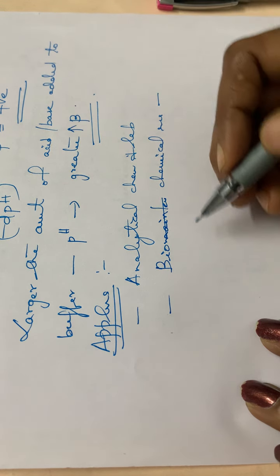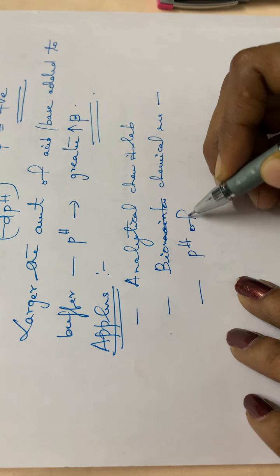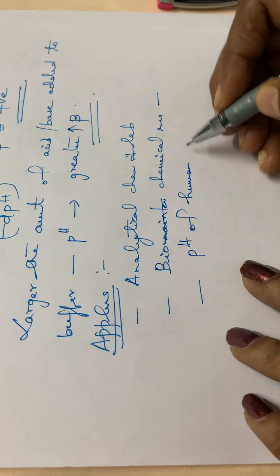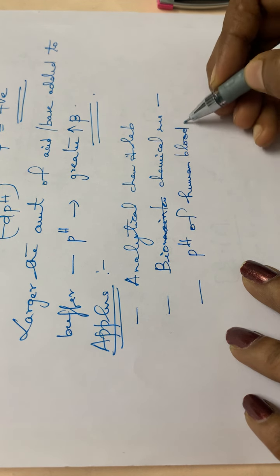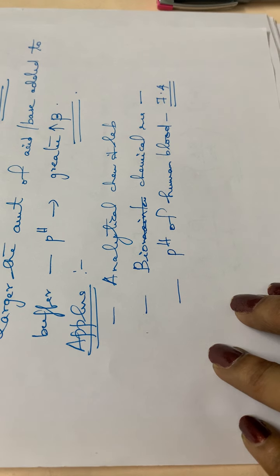Normally the pH of human blood is 7.4. I think in some of your examinations, the pH of human blood is asked in the section A part. So the pH of human blood is 7.4.